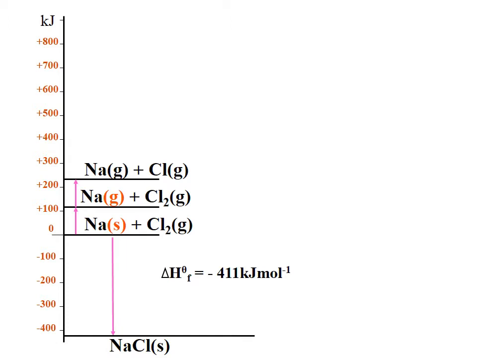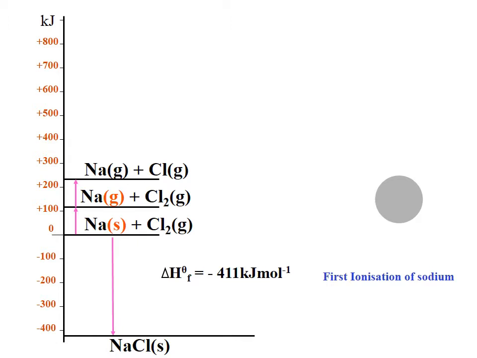Okay, so now we have atomized our sodium from a solid to a gas. We have split our diatomic Cl2 into an individual Cl. So now what we want to do is create our ions. This is the first ionization of sodium.